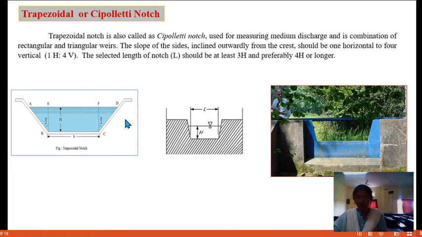So this is the trapezoidal notch. Let's come to the discharge equation of the trapezoidal notch. We already know the trapezoidal notch is a combination of triangular and rectangular notch, so to get its discharge equation we write down the discharge equations of the rectangular and triangular notches.